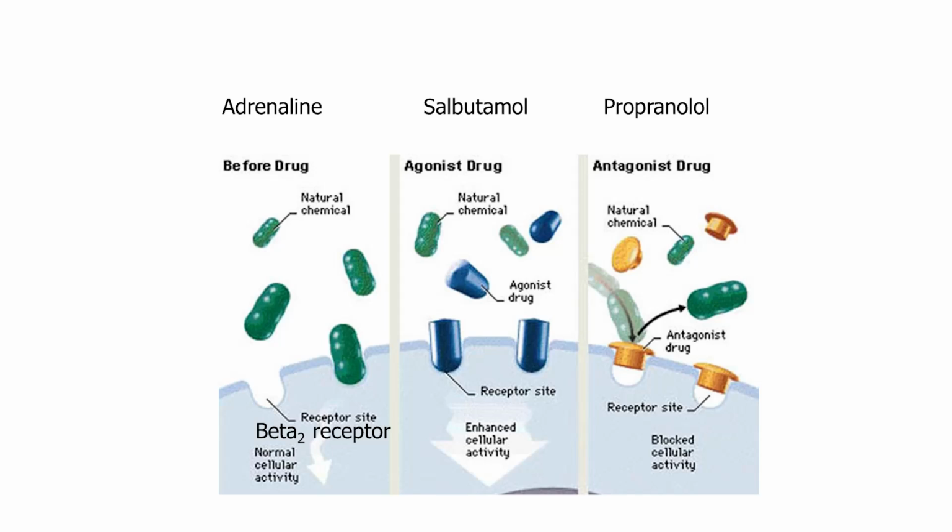Let's take one example to explain this. This is a receptor site and its physiological substrate. For example, the receptors are beta 2 that are present on the bronchial smooth muscles, and they bring about bronchodilation. The natural substrate for beta 2 receptors is adrenaline.